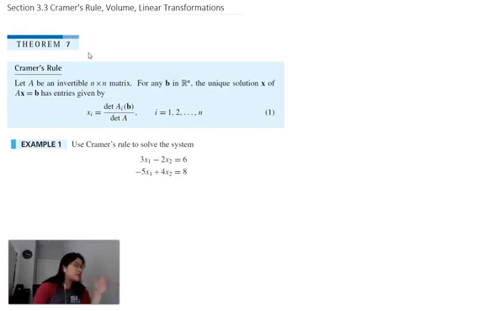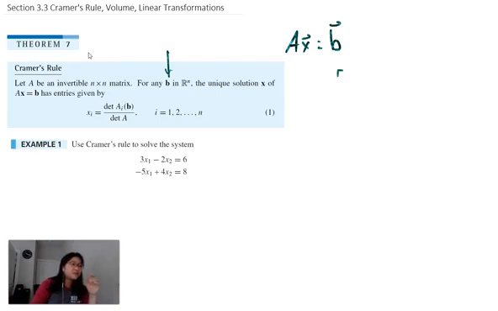So Cramer's rule says that if we have an invertible matrix A, and we have a vector B as a solution for our matrix equation AX equals B, then we can figure out what our solutions are with the determinant of our matrix A with a column replaced by B divided by the determinant of matrix A.